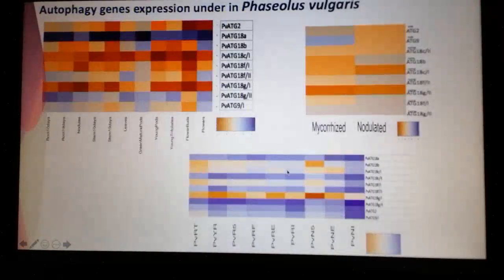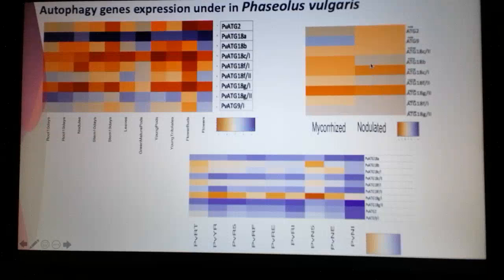Another study is expression profiling for the ATG2, ATG18 complex with ATG9. First, the heat map contains parts of the plant, and we appreciate the most abundant are ATG18A and ATG18G2. In the other heat map with our data, we compare mycorrhizae with nodulated roots. So the results are ATG2, ATG9, and ATG18G2 are upregulated in mycorrhiza.